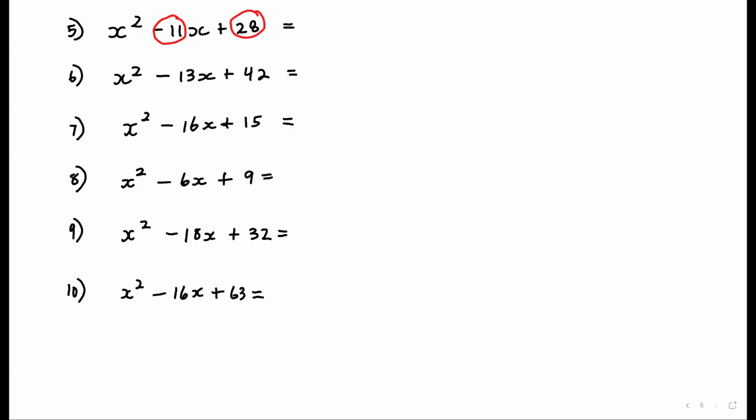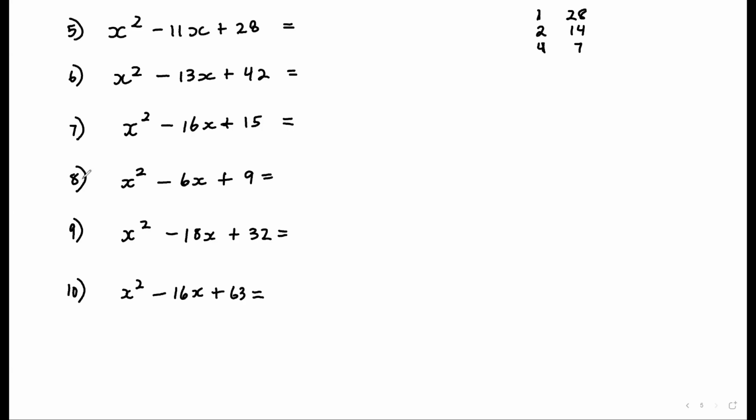So we're going to look at the factors of C. The factors of C are 1 and 28, because 1 times 28 is 28, 2 and 14, and then 4 and 7, right? Each pair here will multiply to give me back 28. But only one pair of these will I get negative 11 from.